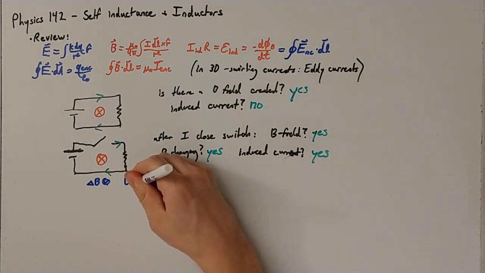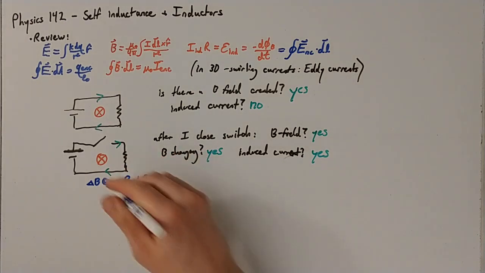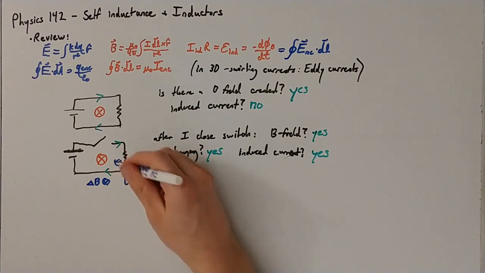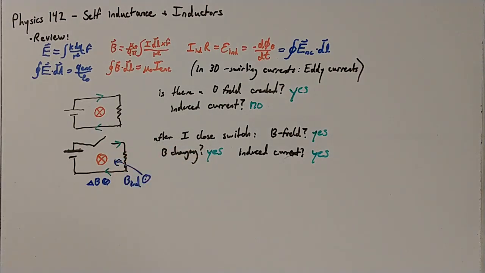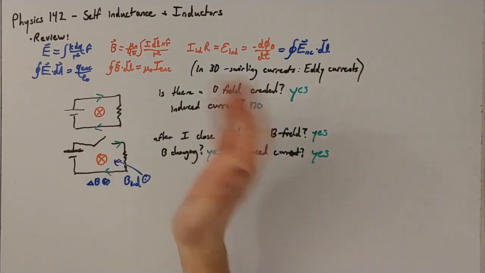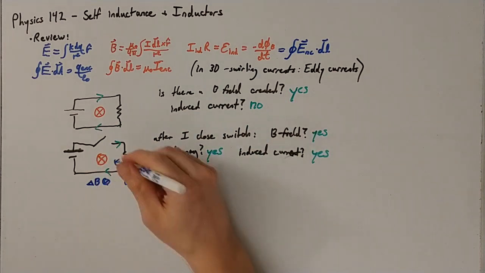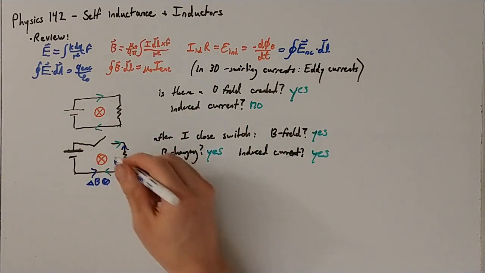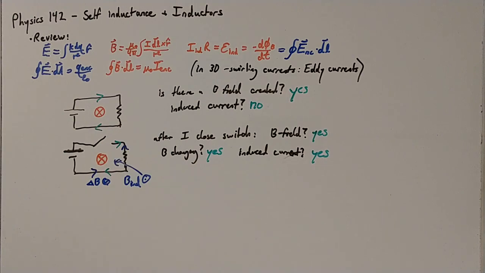So B induced must be coming out of the page in here. And if it's out of the page, that means your induced current is going to flow the opposite way.